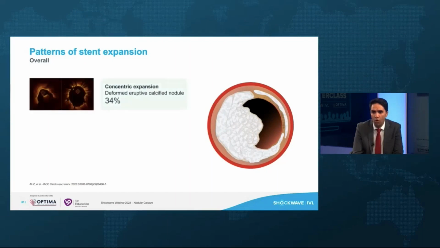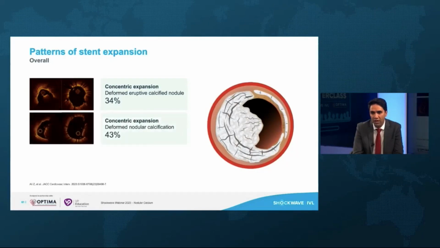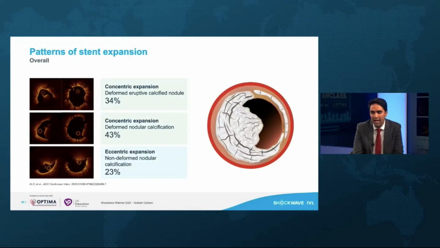So overall, it's important to remember that 34% of patients had deformed eruptive calcified nodules, 43% had deformed nodular calcification, and only 23% had eccentric expansion with non-deformed nodular calcification.